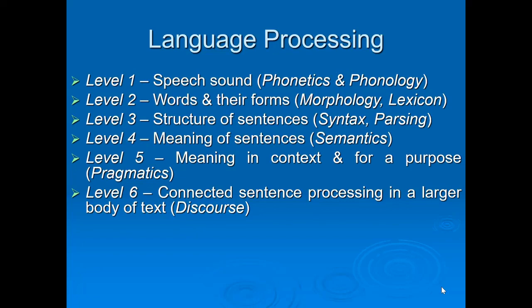The second one is words and their forms. Words and their forms means there are different words in the language which may be derived or converted into different forms. One word can be converted into different forms, like the word happy. Happy can take different forms like happiness, happily, and many more.